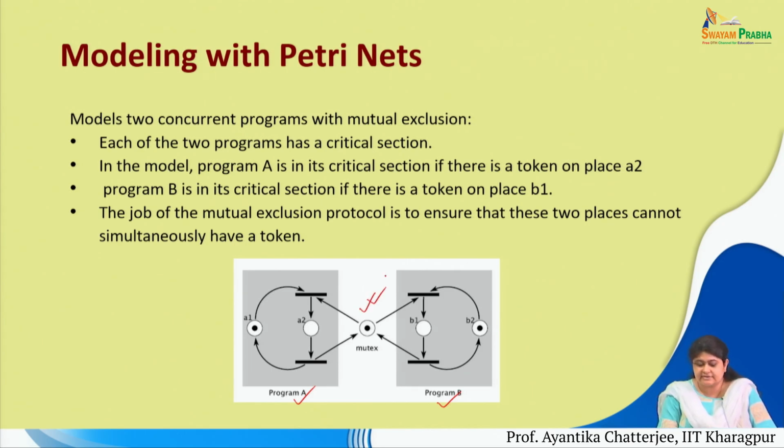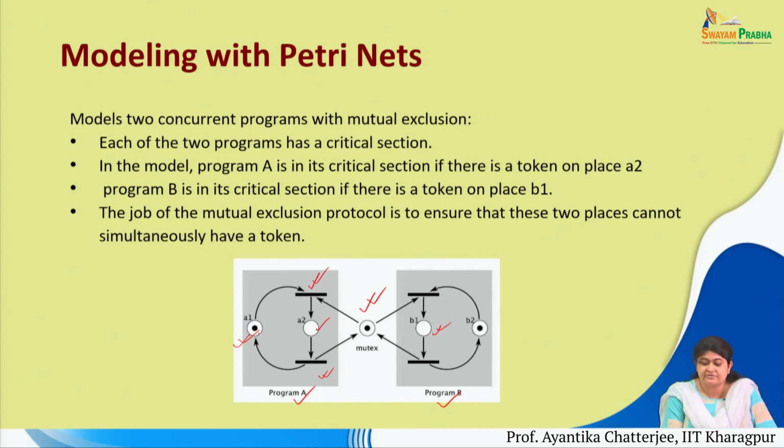So, let us understand this. For program A and program B, these are the transitions defined, and these are the places. Program A is in its critical section if there is a token in A2, and program B will be in its critical section if there is a token in B1. But how can we get a token in A2 or B1?